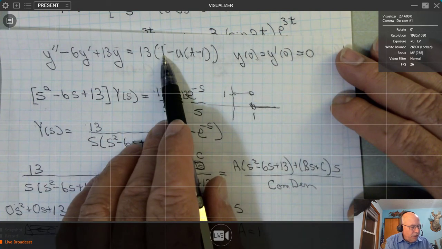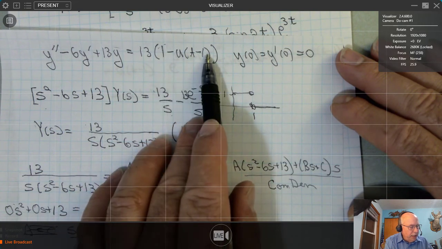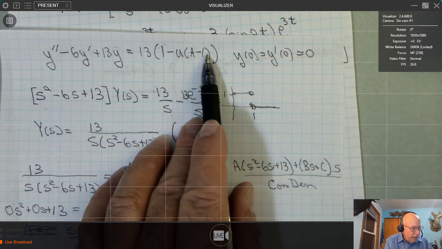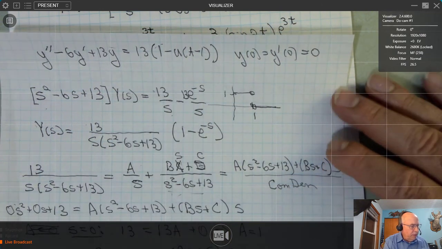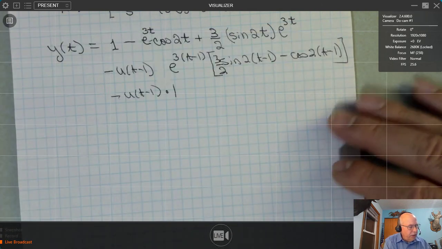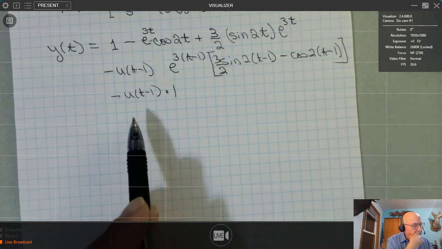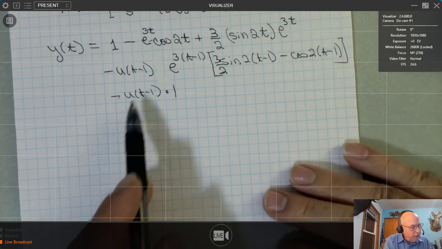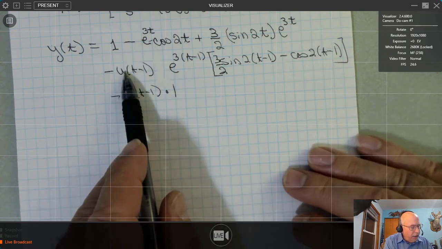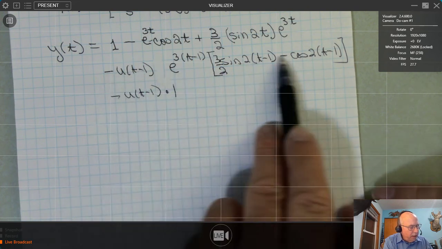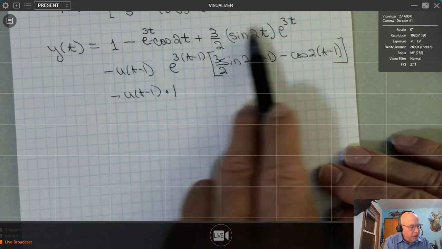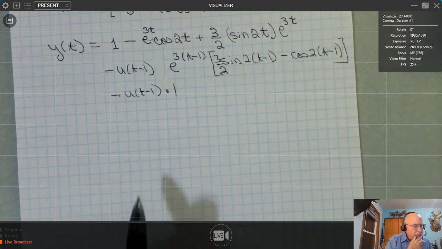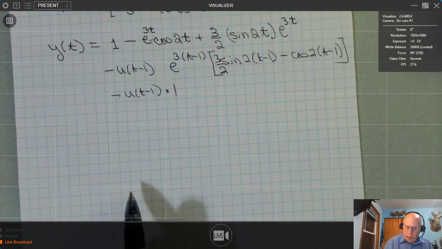So it begins to move under this force, and then at time t equals 1, that force is turned off, and we would expect then to see some shift in the response of the system. So let's see here. You do notice some stuff here. First of all, to the left of t equals 1, all of these terms are 0. So you just have this, and sure enough, it does tend to move in the appropriate direction.